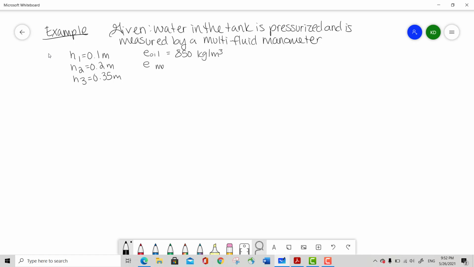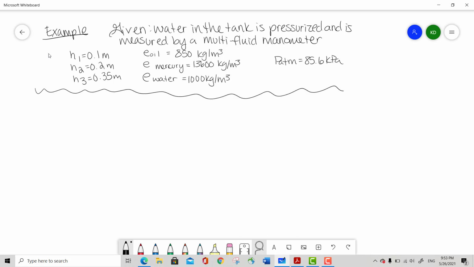Rho of mercury equals 13,600 kilograms per meter cubed. And then we've got rho of water, so we've got 3 fluids, 1,000 kilograms per meter cubed. And then we've got atmospheric pressure, 85.6 kilopascals. Okay, and so let's draw our schematic.